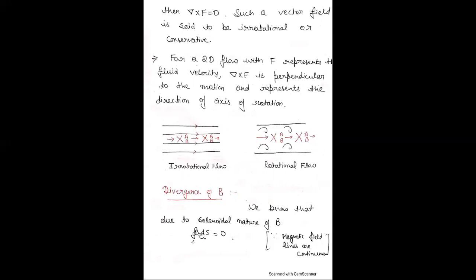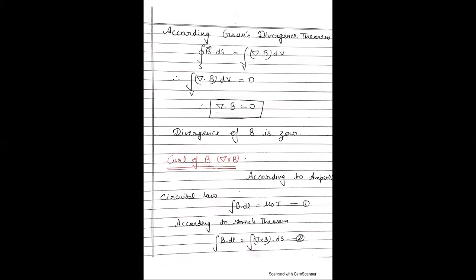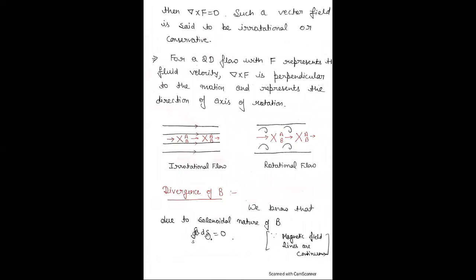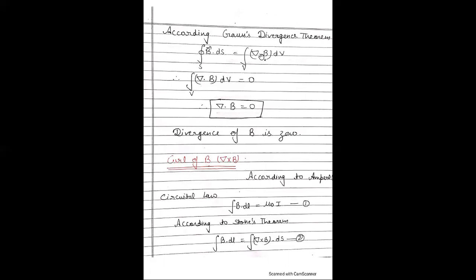Therefore, according to Gauss divergence theorem, B dot ds is equal to the volume integral of del dot B dv. From equation 1, B dot ds is equal to 0. Therefore, divergence of B is equal to 0.